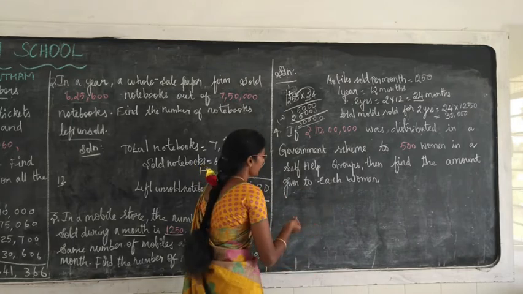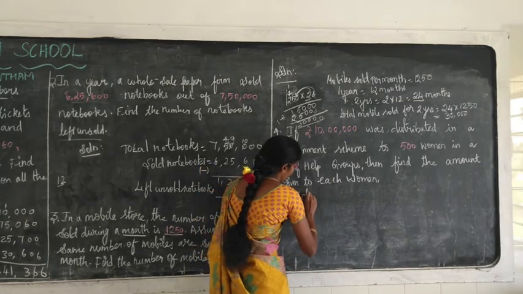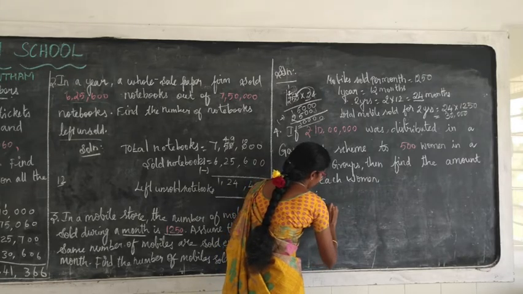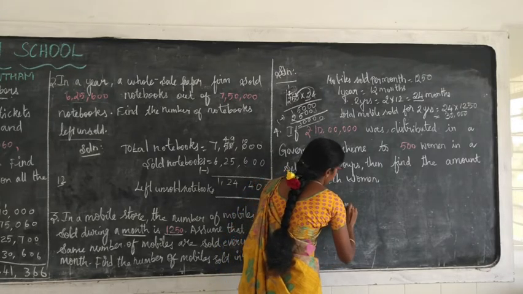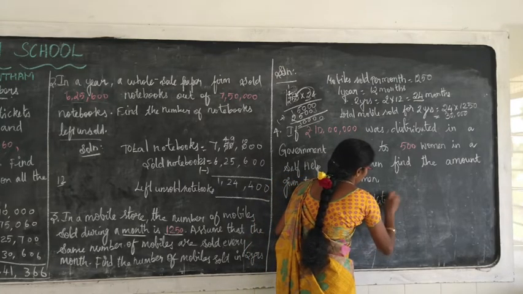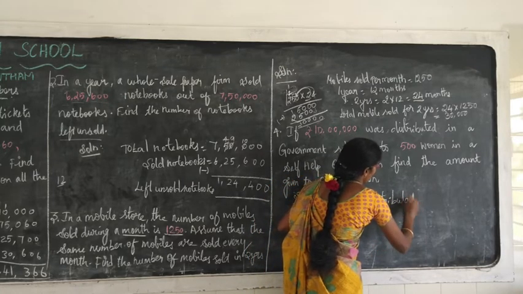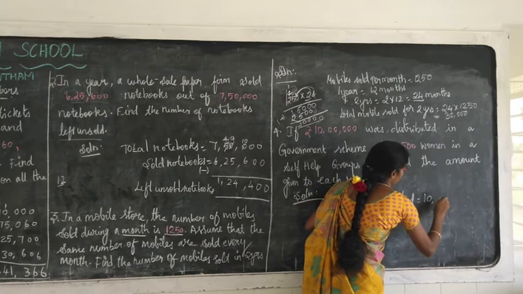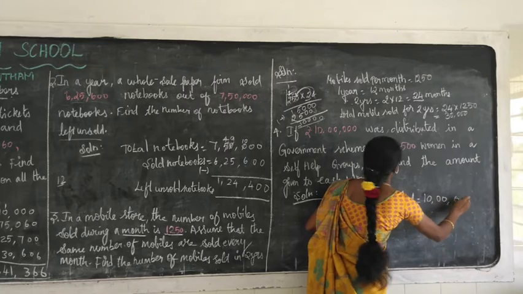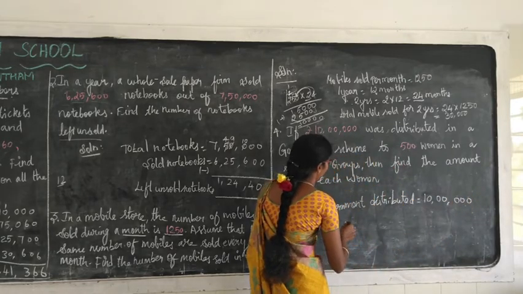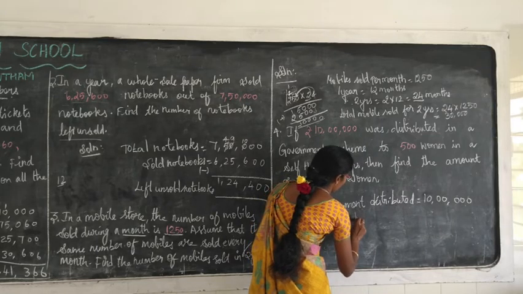Okay, so see here. The government distributed how much rupees? 10 lakh. For how many women? 500 women.